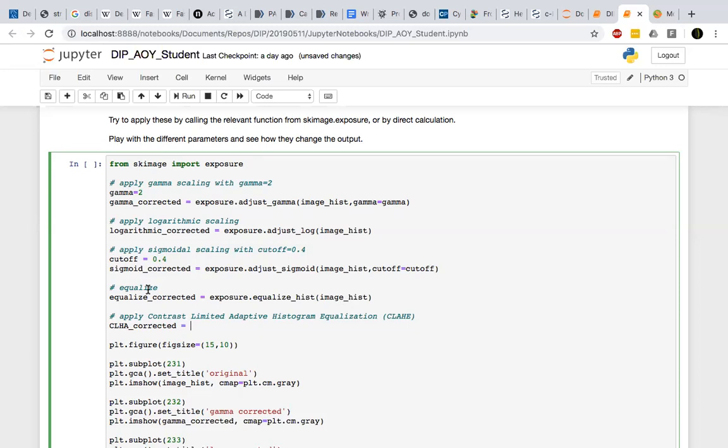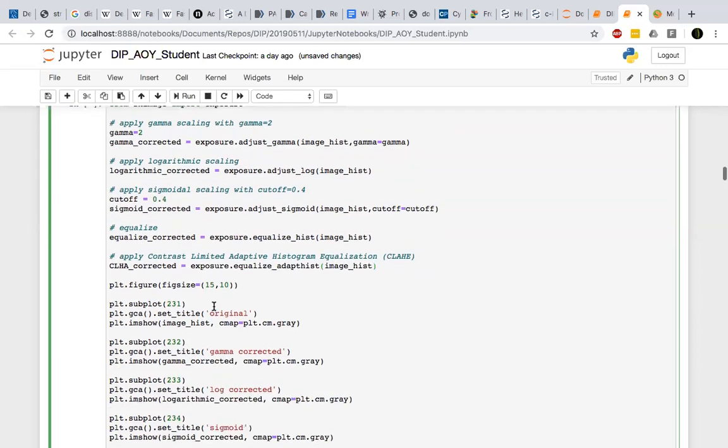So this is a slightly modified algorithm which applies equalization of the histogram locally. For every region, it does its own localized equalization. So this is exposure dot adaptive equalization it's called, and image hist.